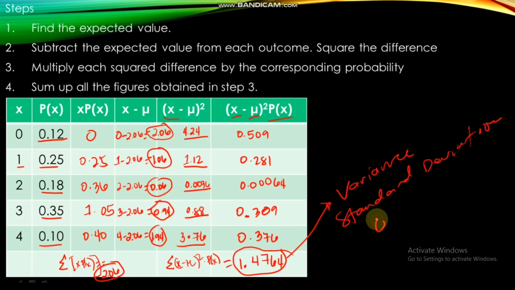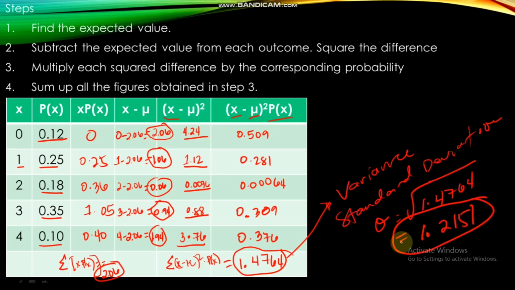The square root of 1.4764 is 1.2151. So this is our standard deviation, this is our variance, and this is our mean or the expected value.